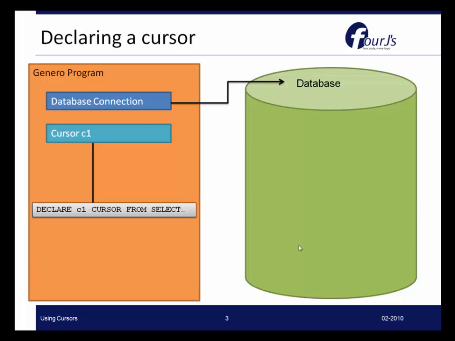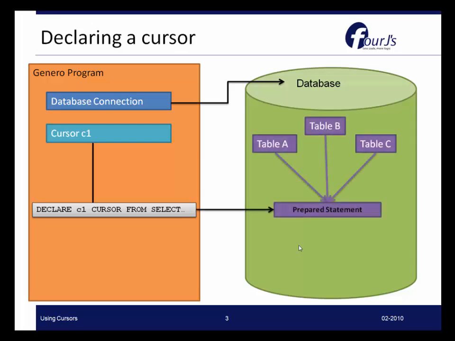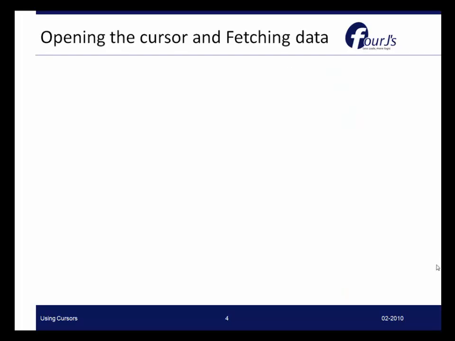Now the declare statement sets up the select statement on the database server side, allocating resources, and the SQL text is then sent to the database server for parsing, validation, and to create an execution plan. So at this point you have a prepared statement on the database server side.